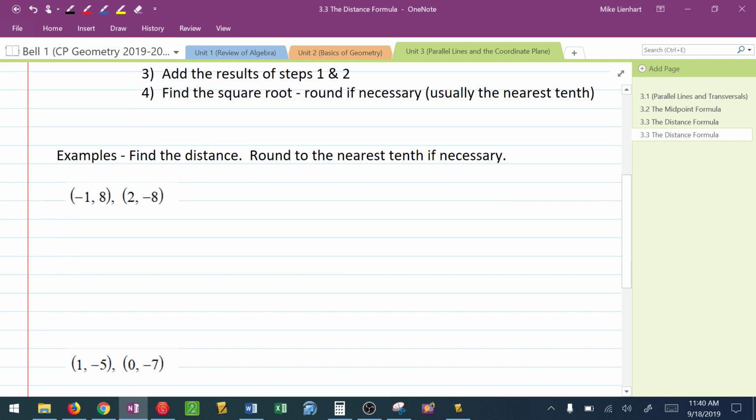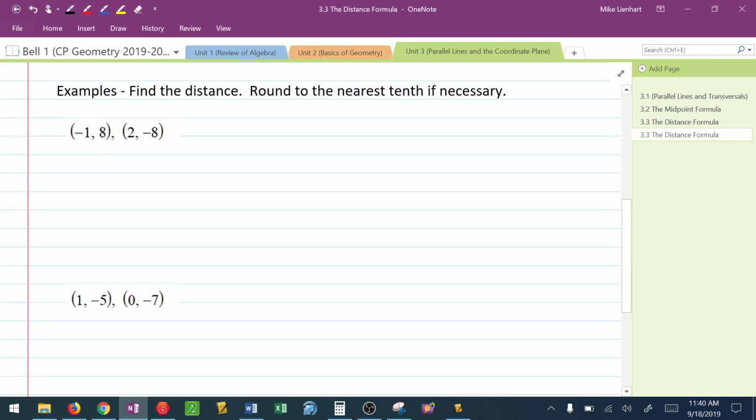So for example, let's say that we're given these points, okay? I recognize that this is an x, this is a y, this is an x, this is a y. In any particular order, I'm going to subtract my x's. Now, I'm going to choose to go -1 minus 2, which will give me -3, and then square that, and that gives me 9.